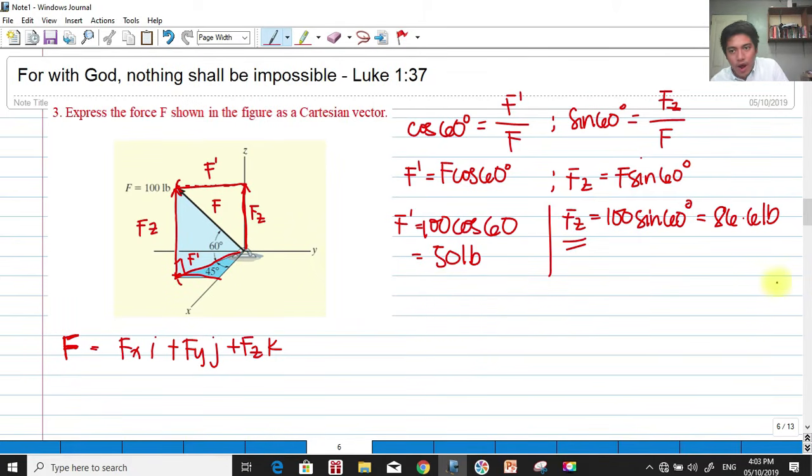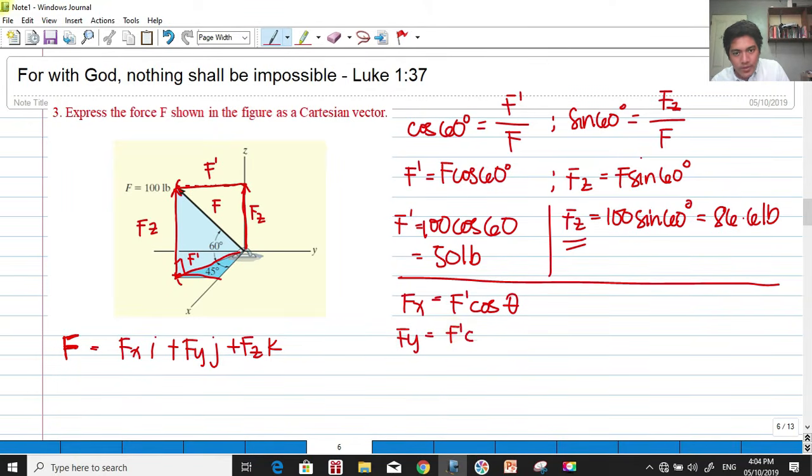We can get from our formula a while ago that F of x is equal to F prime cosine of theta, and F of y is F prime sine theta. So we have F prime, which is 50 cosine theta, and that theta is the 45 in here. Because if you're going to recall, this is our Fy here. I'm sorry, this is the Fy, and this is our F of x, if this F prime is resolved into x and y components.